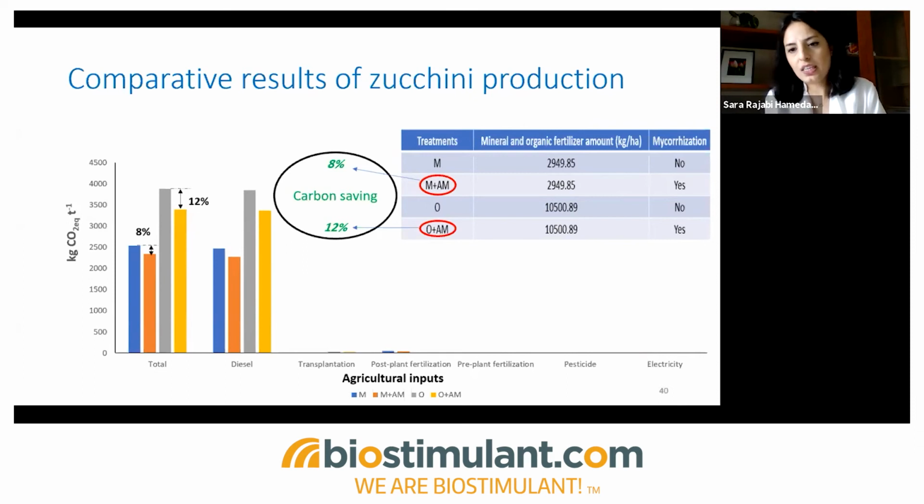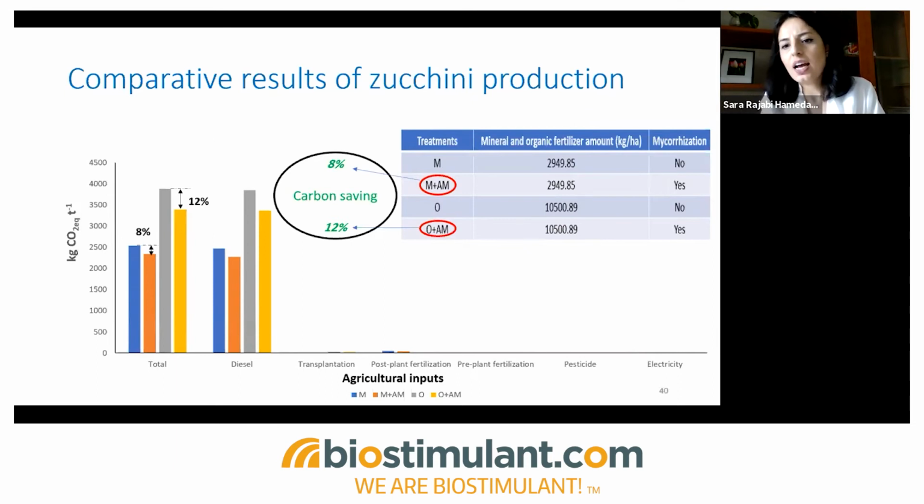The mycorrhization reduced the emissions of all inputs used per 1 ton of zucchini due to an effect that increased the production of marketable zucchini, or zucchini productivity, with the same input consumption.